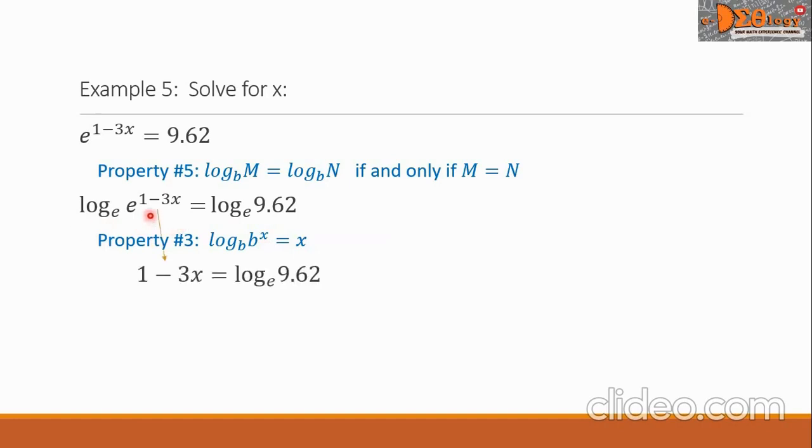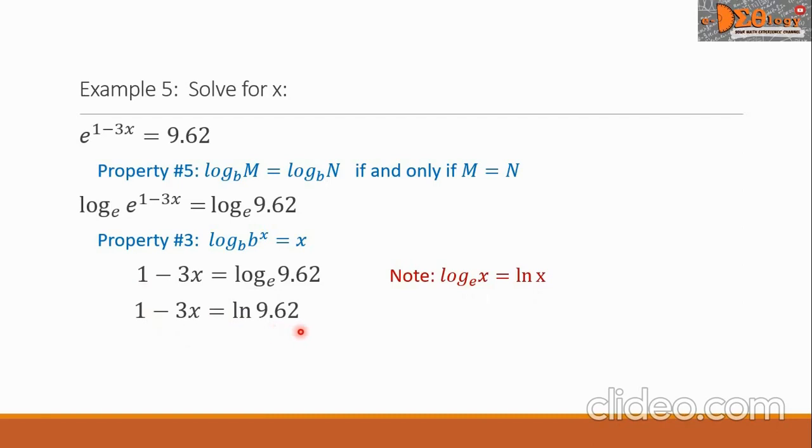We can simply put the 1 minus 3x down here, and this is now equal to the log of 9.62 to base e. I hope you still remember the natural logarithm, that the log of x to base e is equal to ln x. So we can change the log of e by the ln symbol. We now have 1 minus 3x equals the ln of 9.62.